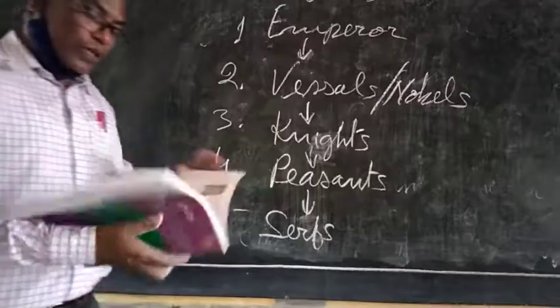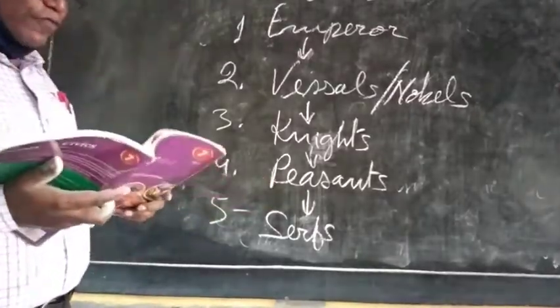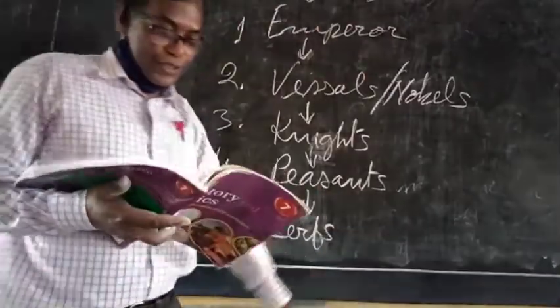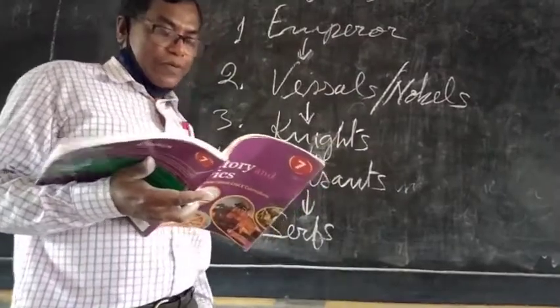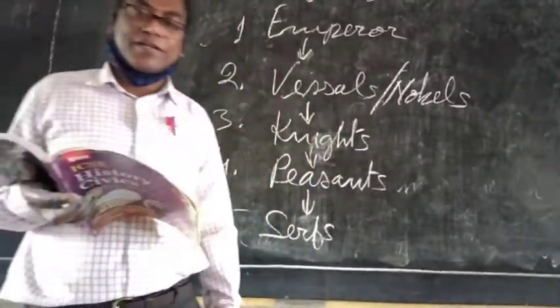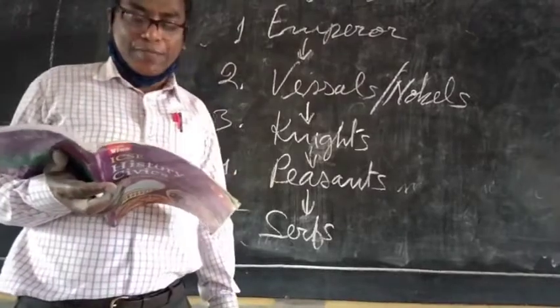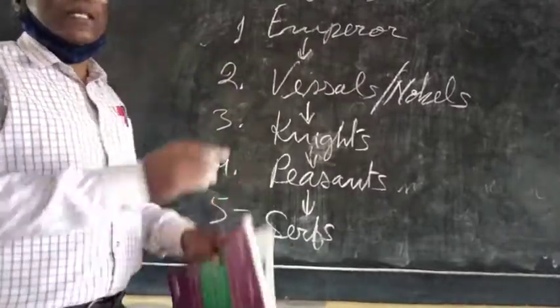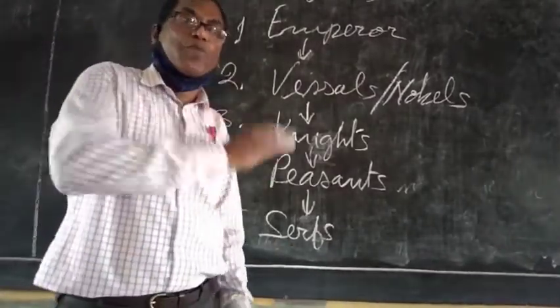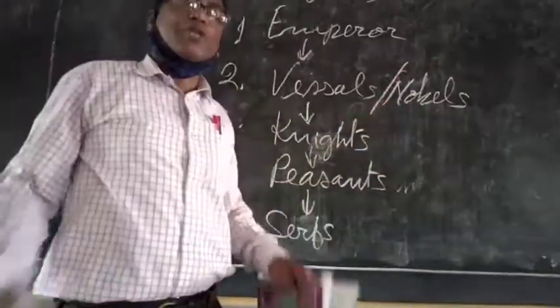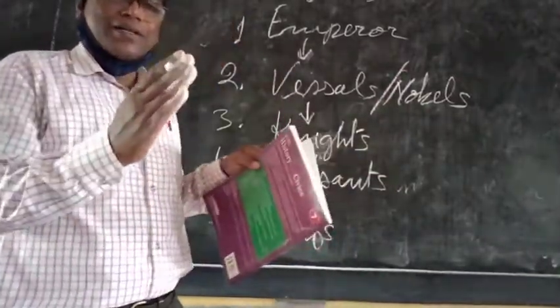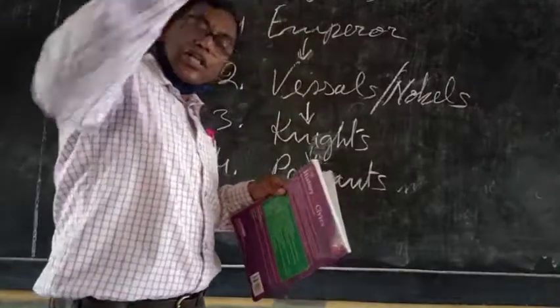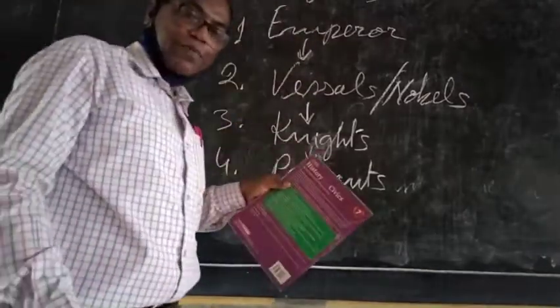Okay, this is the whole system of feudalism. Next is the rise of the Byzantine Empire. You remember that we discussed that the Roman Empire was a vast empire, so it was divided into two parts, the Eastern Roman Empire and the Western Roman Empire.